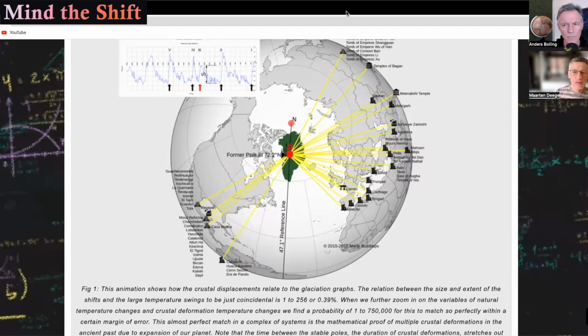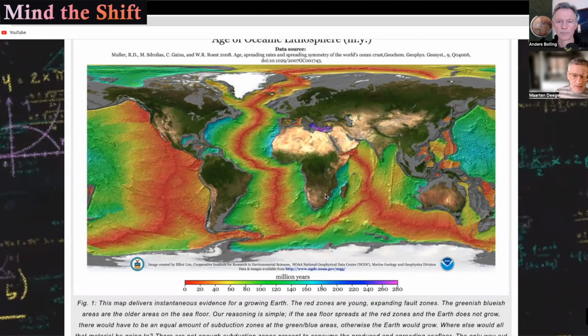I can, of course, pull this up as well. I'm back again. This is the isochronic map of the ocean floor. Isochron means iso is the same, and chron is time. So these red areas are of the same time, and the green areas are also of the same time, and so on.